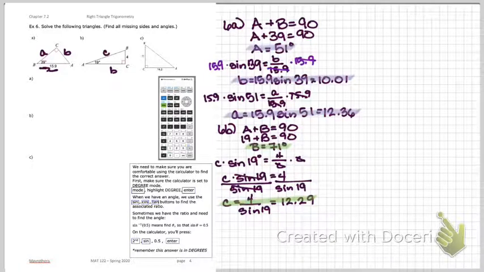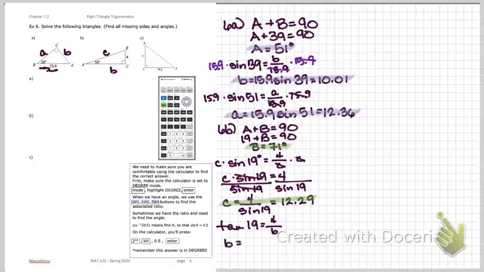Okay. So to find side b, I could use the Pythagorean theorem, but on the off chance I made a mistake finding c, I now am using an incorrect value to find another value. So I am going to go ahead and use what we have. Let's go the tangent of 19 equals opposite over adjacent, so 4 over b.